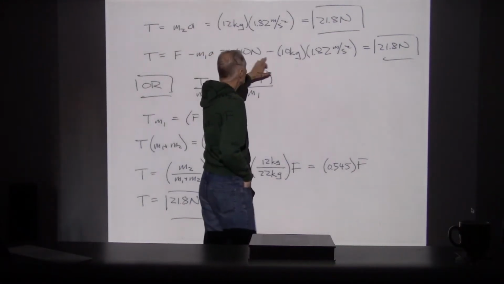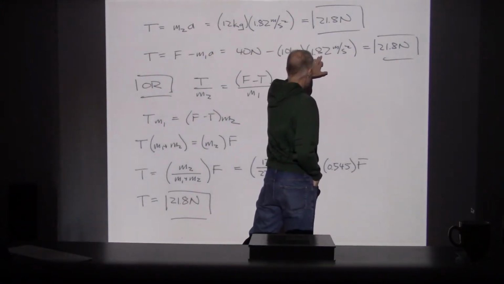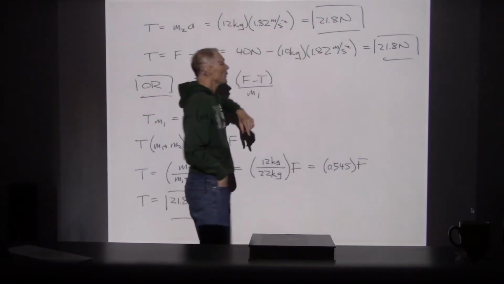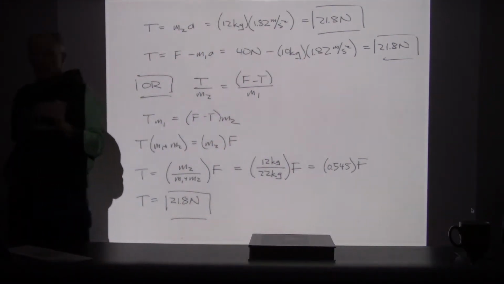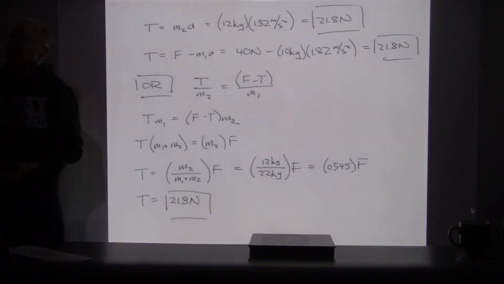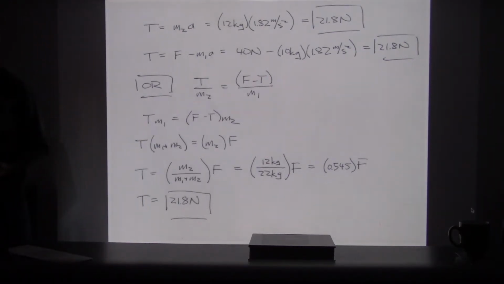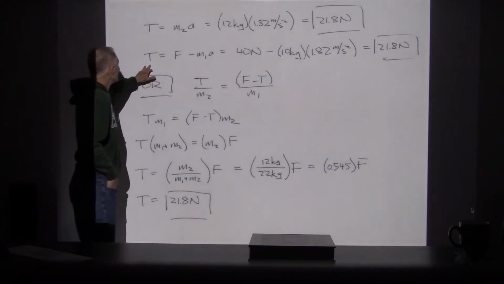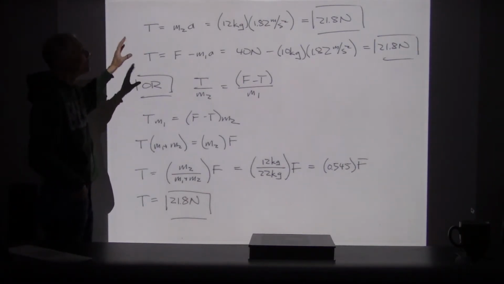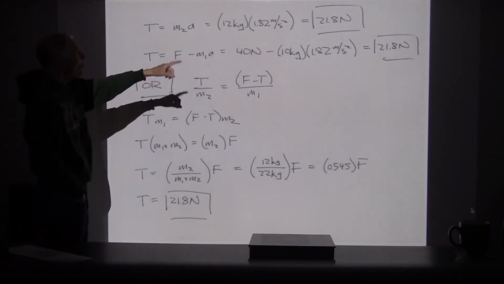There's my F. Here is my m1 times a. That also gives me 21.8 newtons. That's not deriving the third law. It's just checking our calculations. We've already assumed that the forces would be the same, and now we're just checking back to see if we've made a mistake in the math somewhere. So we did get the same force.